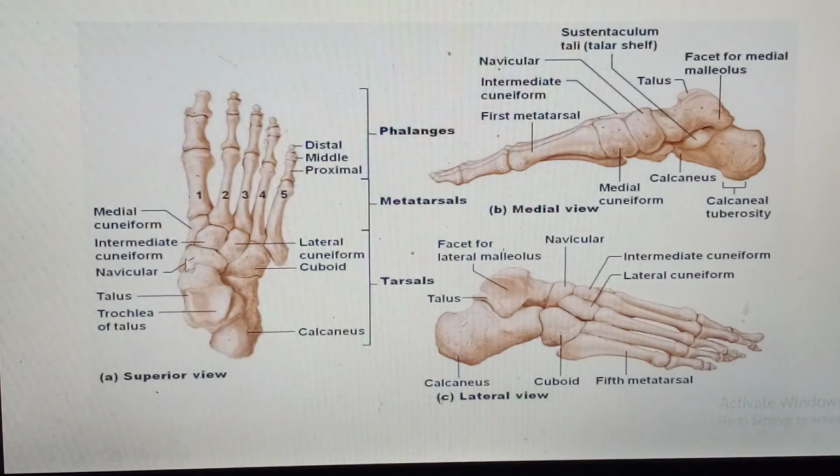So it's running this way: navicular, the cuneiforms, and the bases of all 5 metatarsals. So that is what we are going to actually see over here. So these are the bones which are going to contribute in the formation of the arches of the foot.